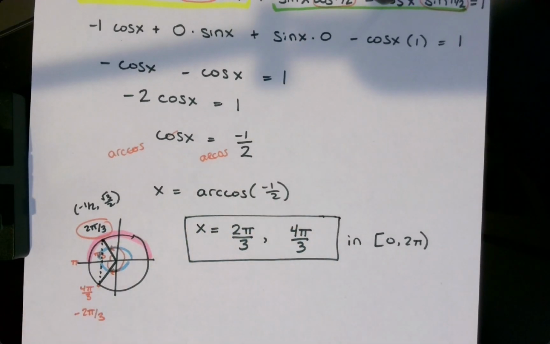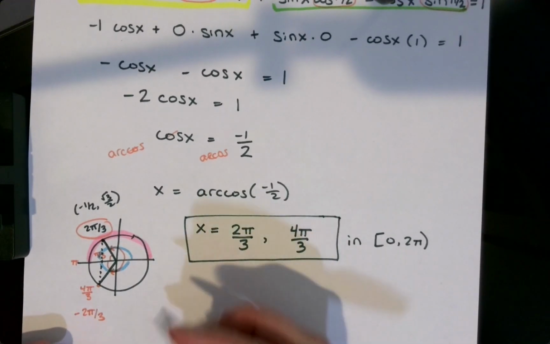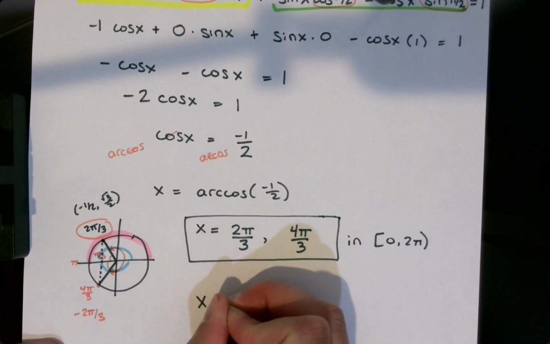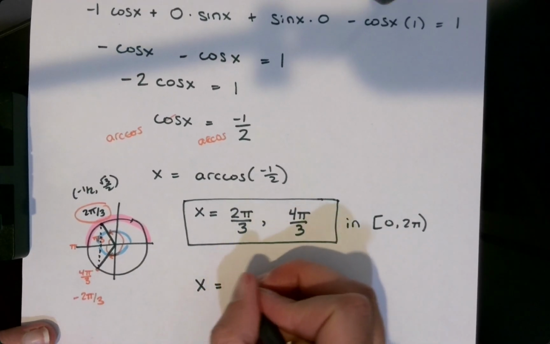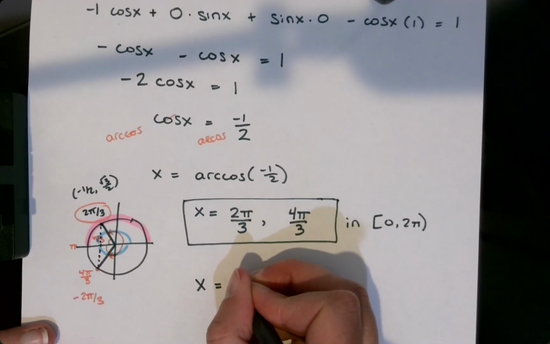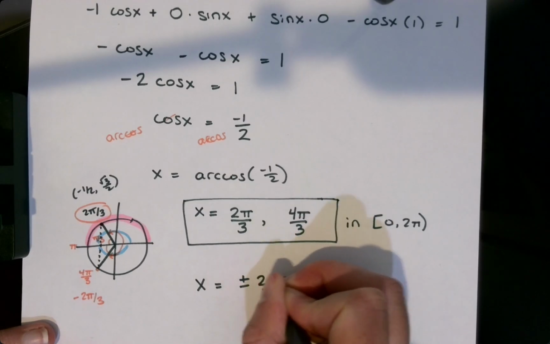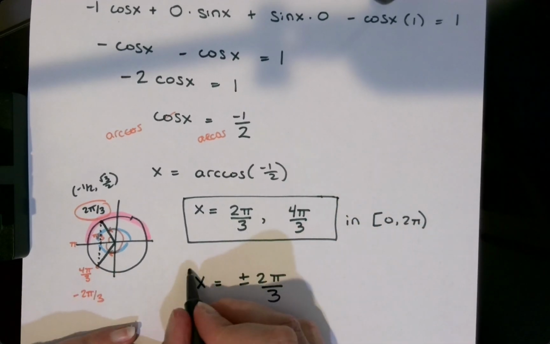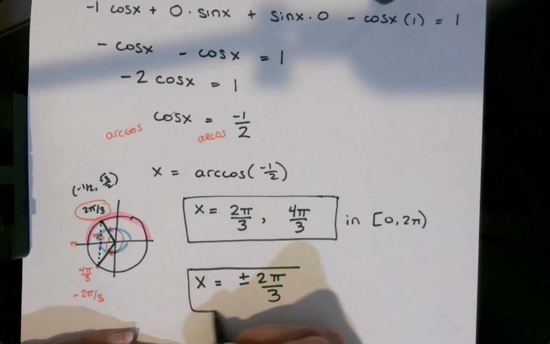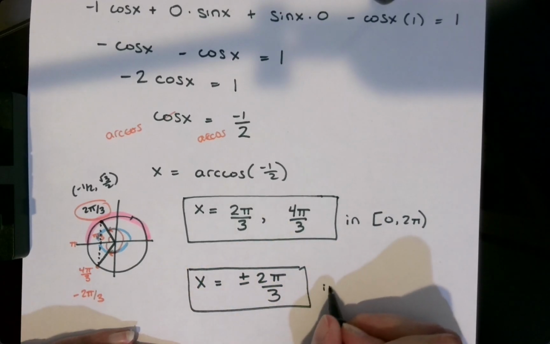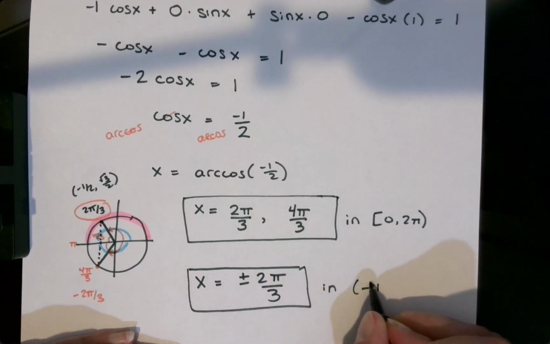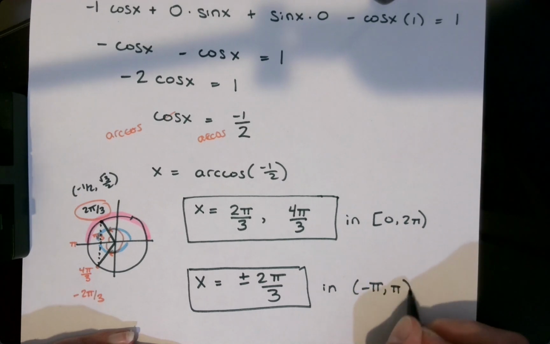So again, this is an atypical way to phrase it, but I can say I want my angles phrased as plus and minus 2 pi over 3. Those are the two answers in the interval negative pi to positive pi.